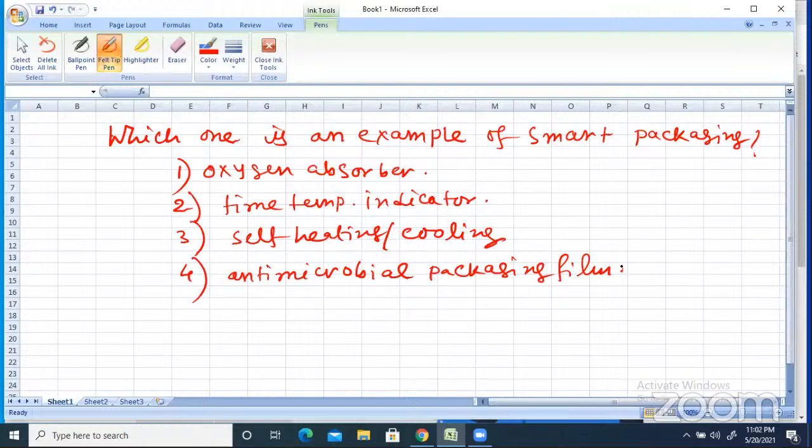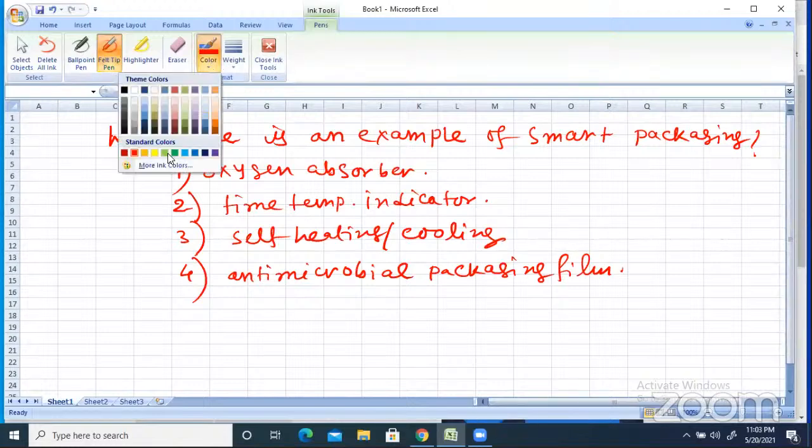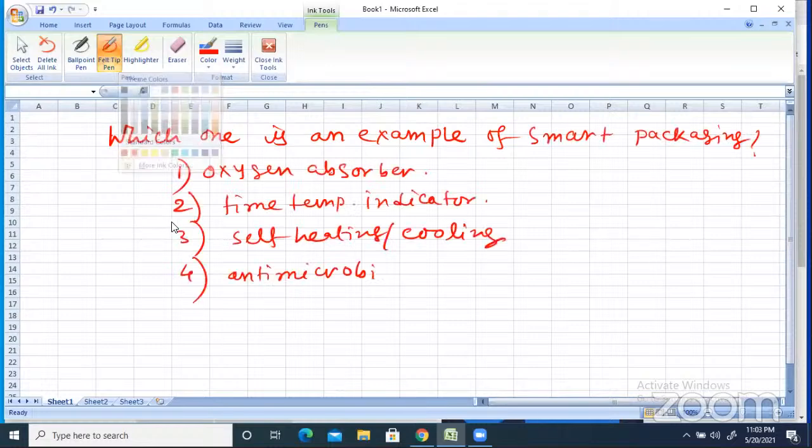And intelligent packaging indicates the ability to monitor, indicate or sense. It does not modify the environment. It can sense or indicate something, like your pH is changing, and an indicator shows your product becomes acidic. So what will be your correct answer? B, right? Time temperature indicator, TTI.